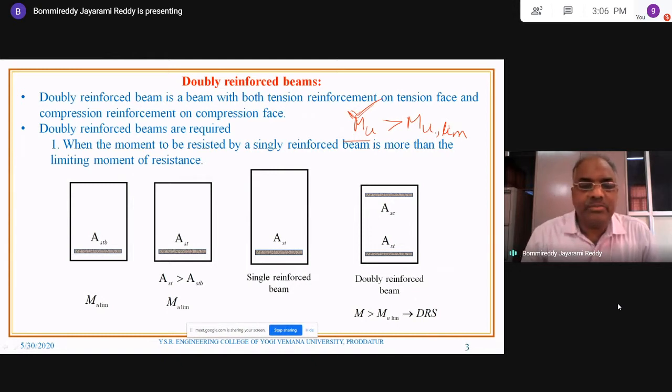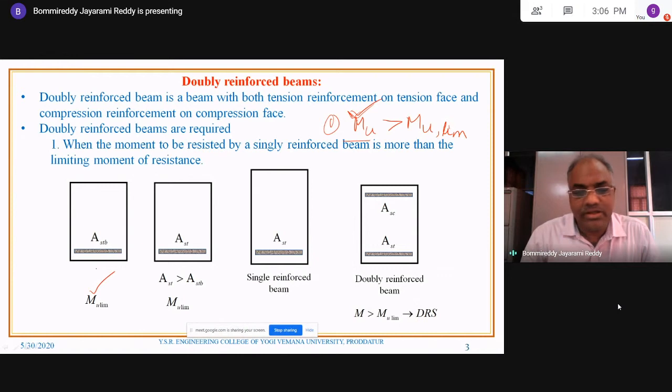You can have some examples where doubly reinforced sections are required. When the moment to be resisted by a singly reinforced beam is more than the limiting moment of resistance. For this case, you can look at the first diagram. Ast balanced is the area of steel reinforcement for the balanced section.